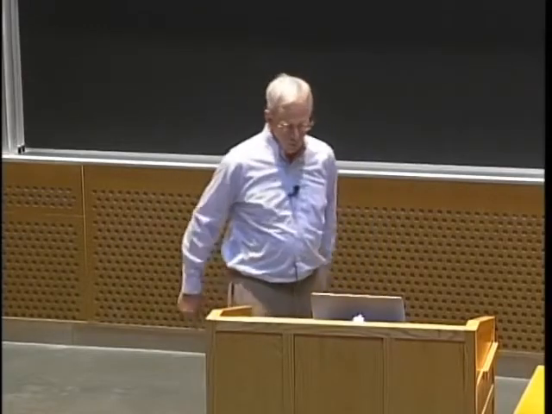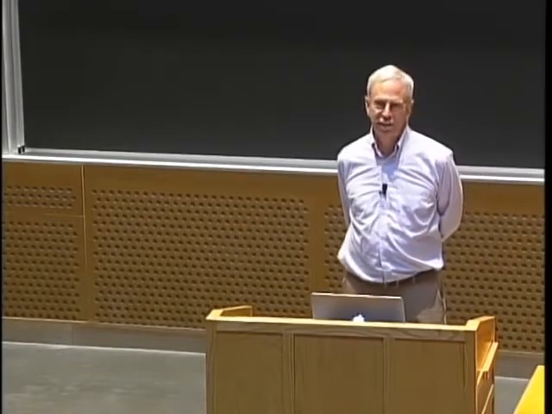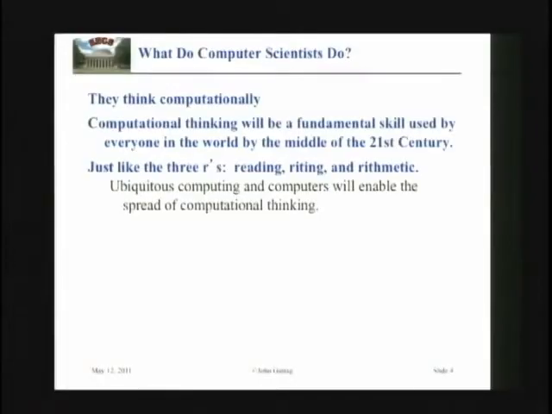Fundamentally, what computer scientists do is they think computationally. And I hope that you've understood that that's been the theme of 600, is how to formulate problems and think computationally. This will be, I think, the most important skill used by certainly scientists and engineers, but in fact, everybody.